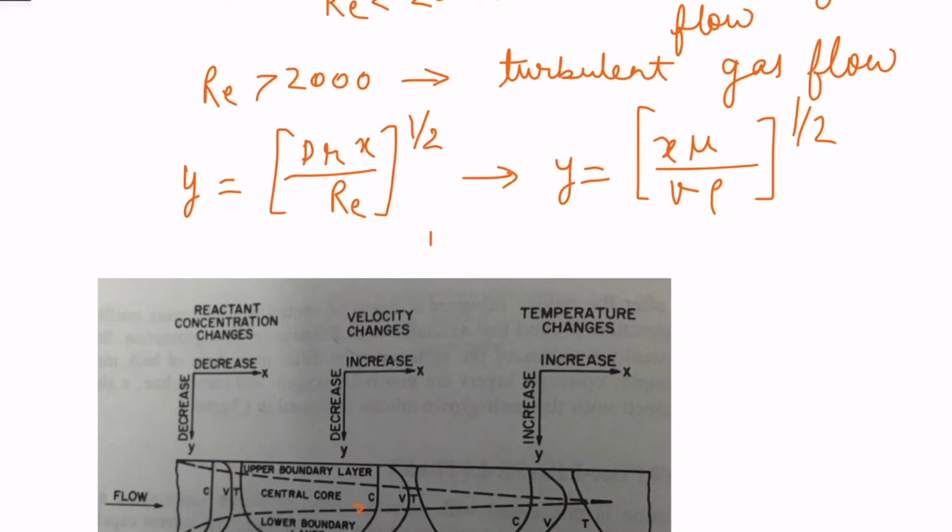If we put in the formula Re equal to dr rho v upon mu, then we find that y is equal to (x mu / v rho)^(1/2). So the boundary layer thickness y is dependent on the gas flow velocity.